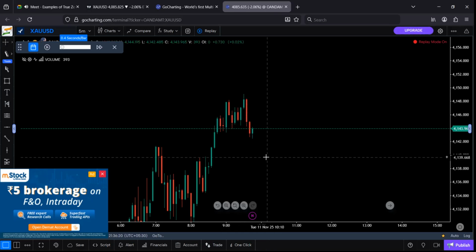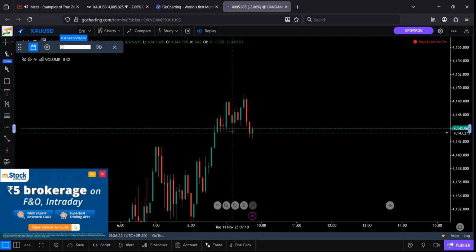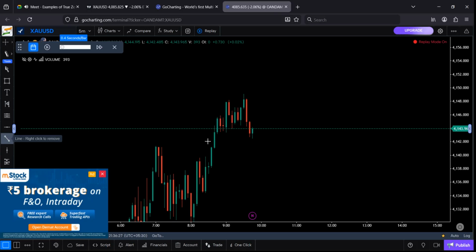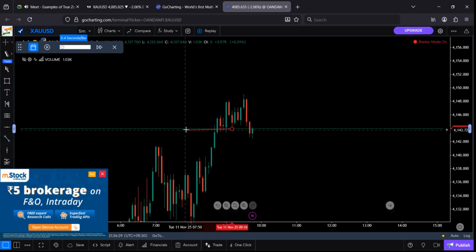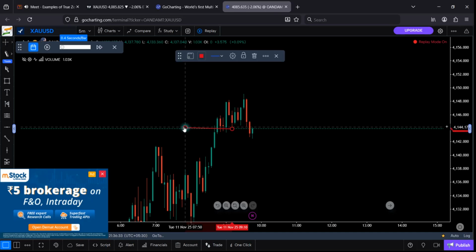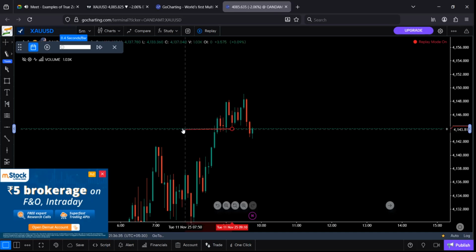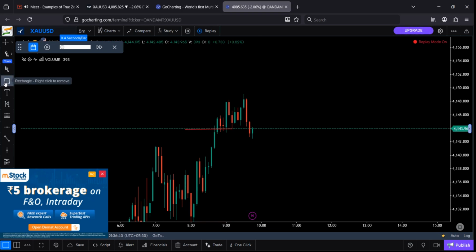So what we will do, we will draw a line back here like this. Price has broken this too, means this is our FL and price has broken this.